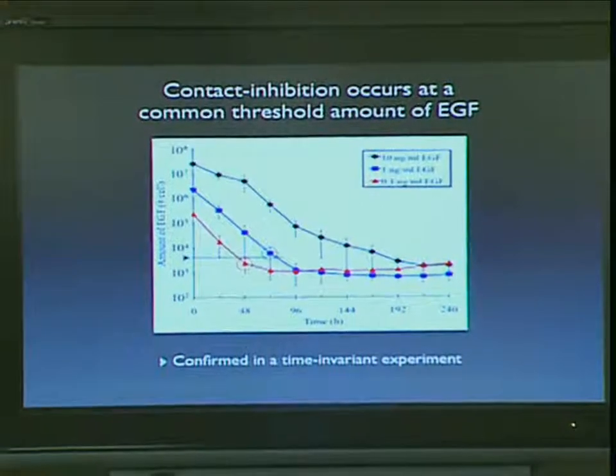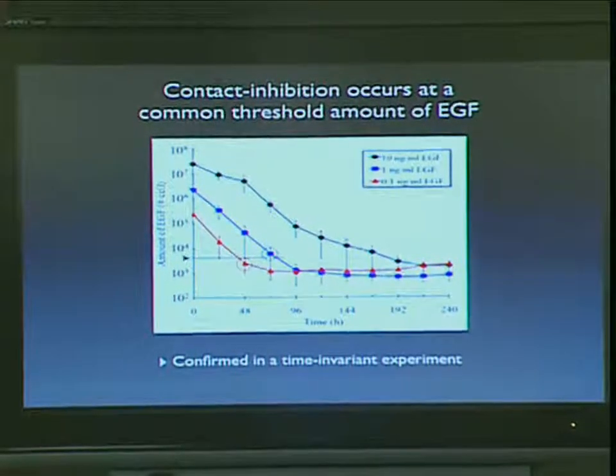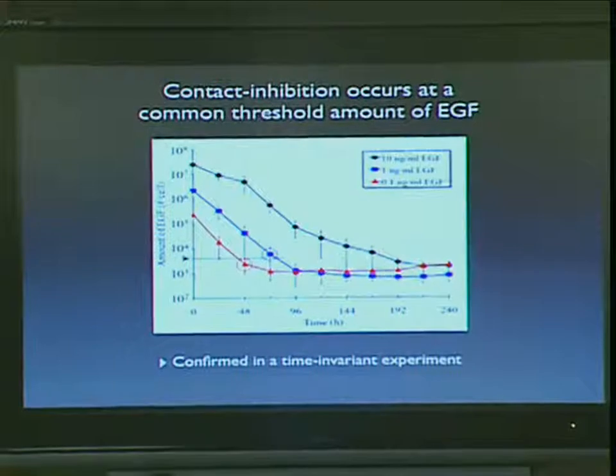But we don't think such an event is occurring. We haven't measured it directly, but as I showed in the previous slide, the spatial pattern in division we see is very discrete to the outer rim. So it's not a gradual phenomenon.